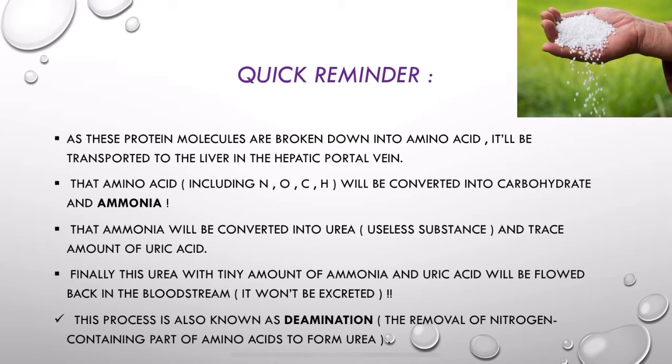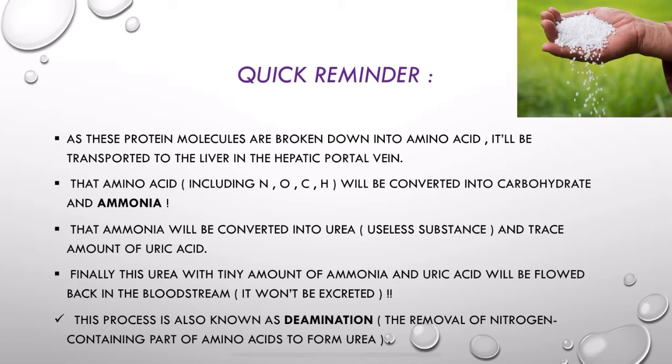That ammonia will be converted into urea, the useless substance, the toxic material, and trace amounts of uric acid and the ammonia itself. Finally, this urea with these tiny amounts of ammonia and uric acid will flow back inside the bloodstream. Don't forget this.